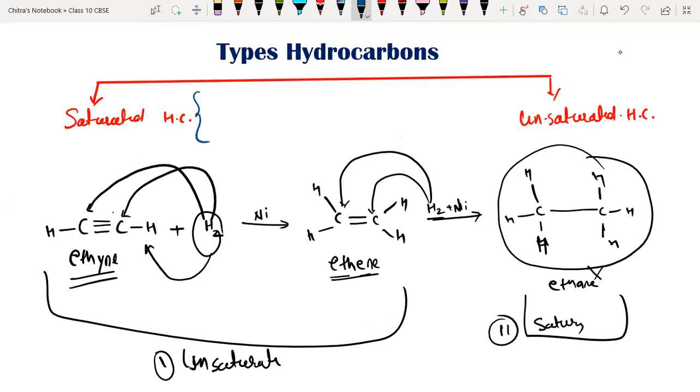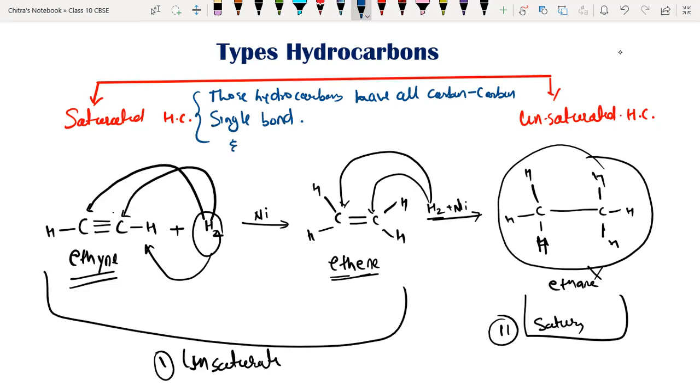So saturated means those hydrocarbons which have all carbon single bonds. Those hydrocarbons having all carbon single bonds are called saturated hydrocarbons.